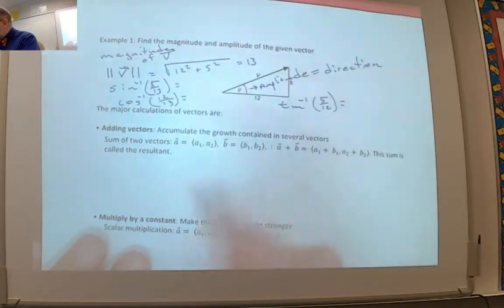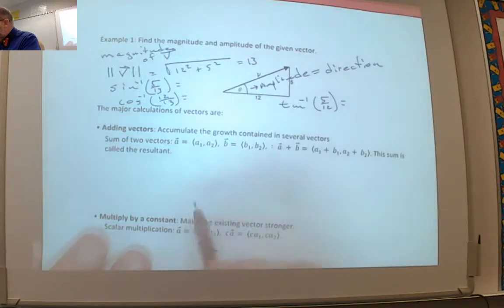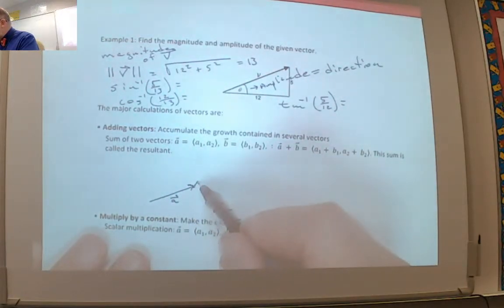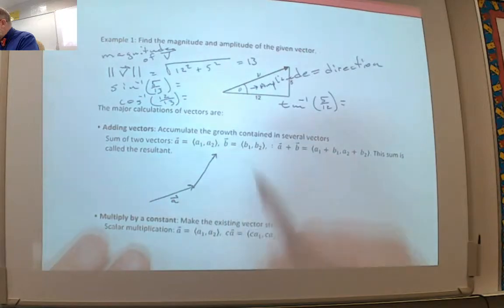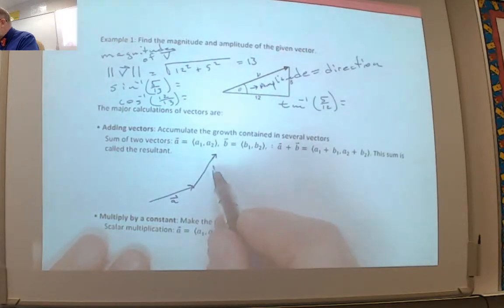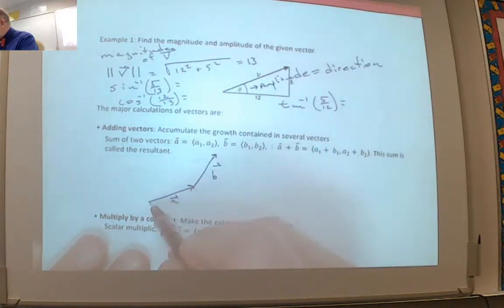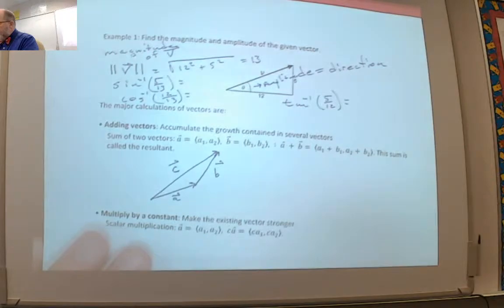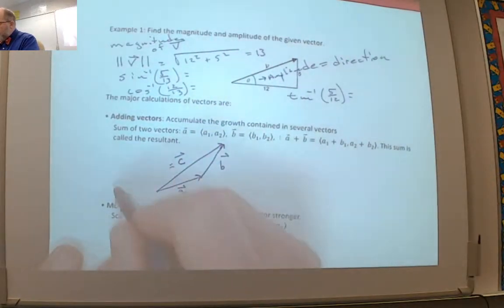Physically, you may have done something like this. This is vector A, and this is vector B. This right here would be vector C. This would be what we call the resultant.